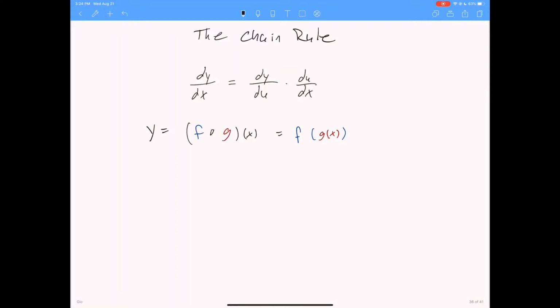Let me take the derivative of this. In the end, we want to take the derivative of y. We want dy dx. Taking the derivative of y in this case will give us the derivative of f of g of x, which is ultimately what we want.